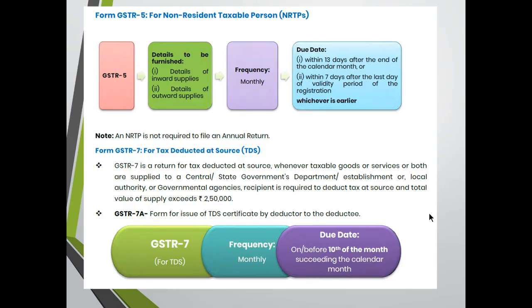I was telling you, TDS deductors, government in some situations, as well as purchasers of certain minerals. Everybody type: those required to deduct TDS, TDS deductors, submit GSTR 7.